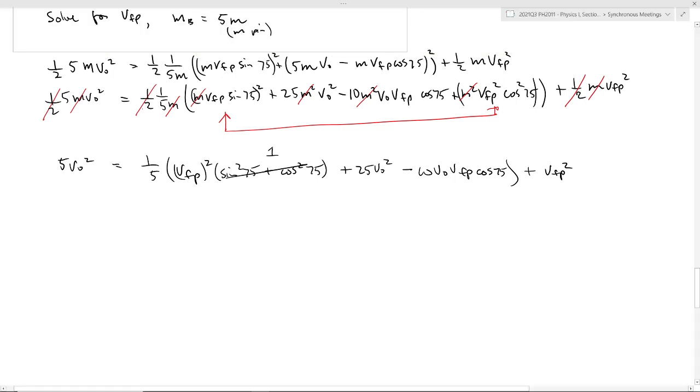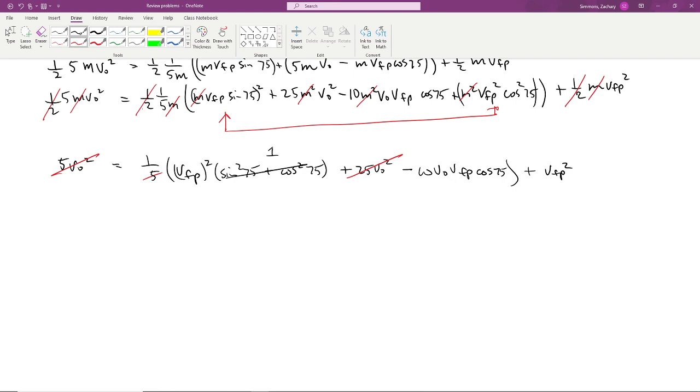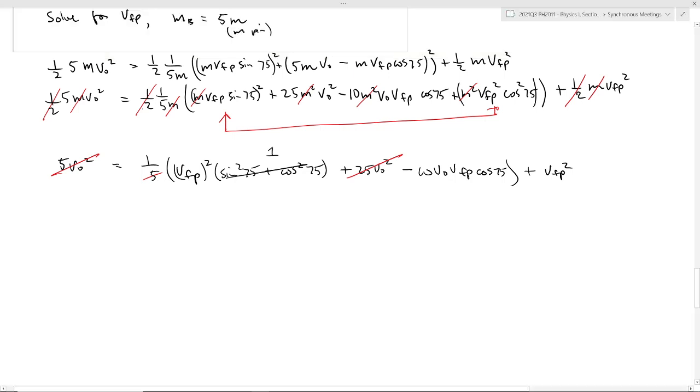So this becomes 1, and notice we have 5 v naught squared and 25/5 v naught squared. Those are going to go away. Let's multiply through by a factor of 5 to cancel out the 1/5.